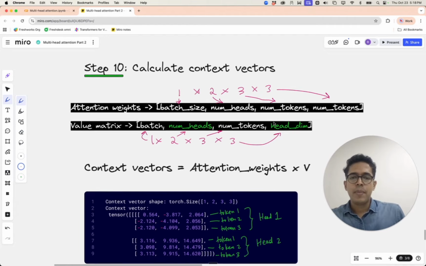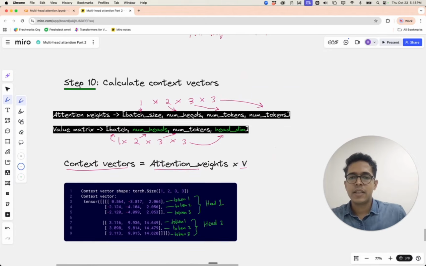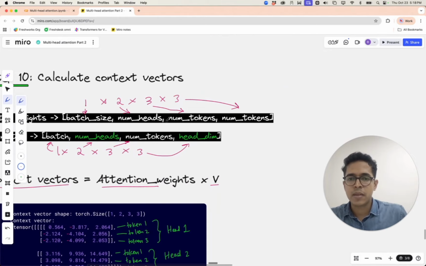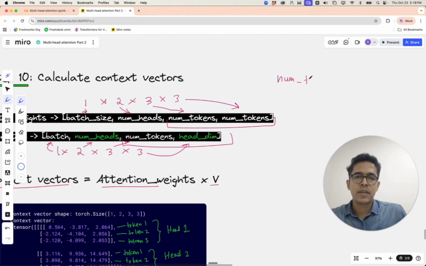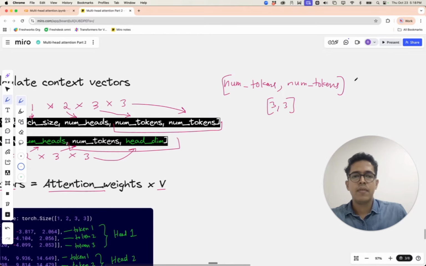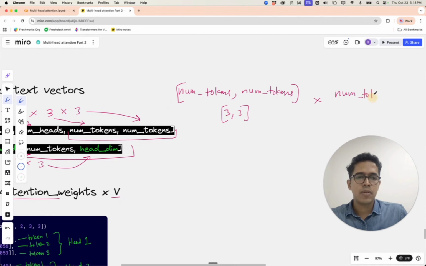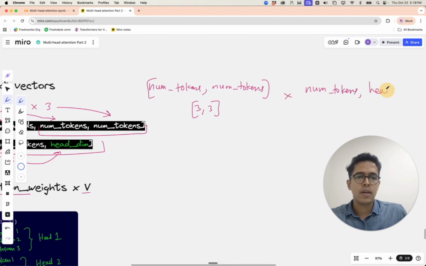So now, for getting the context vector, if we multiply attention weights with value, what happens? Attention weights multiplied by value will be matrix multiplication between these two and these two. And will that cause any problem? No, because you are multiplying a matrix of dimension number of tokens by number of tokens, which is 3 by 3, with a matrix of size number of tokens by head dim.